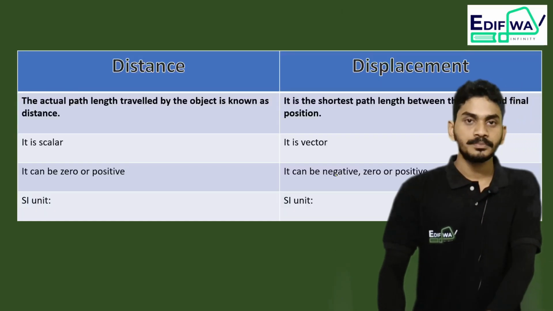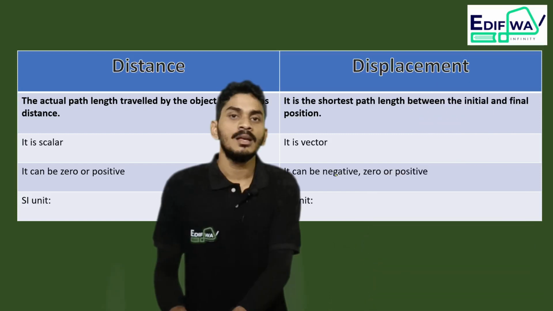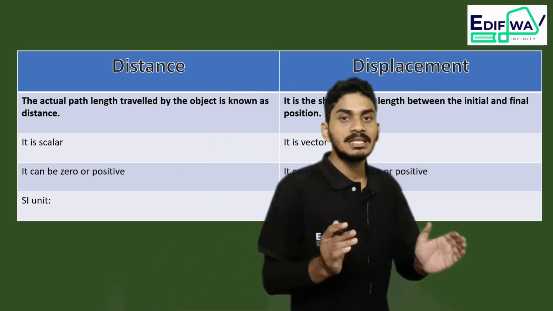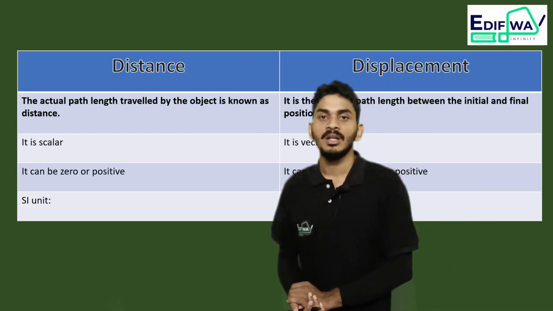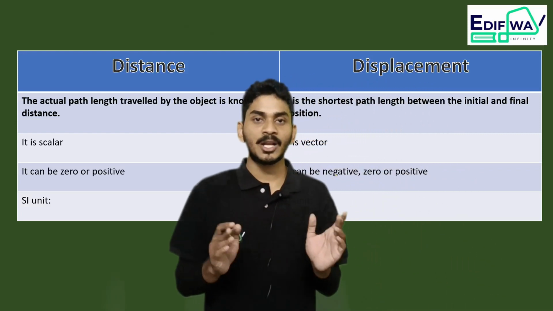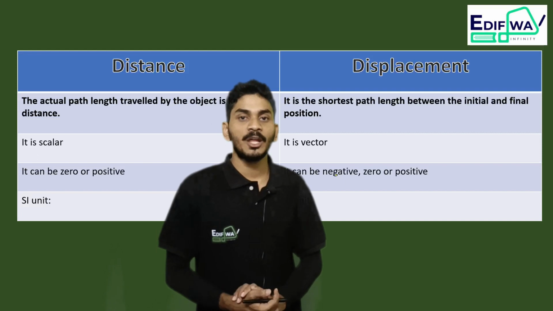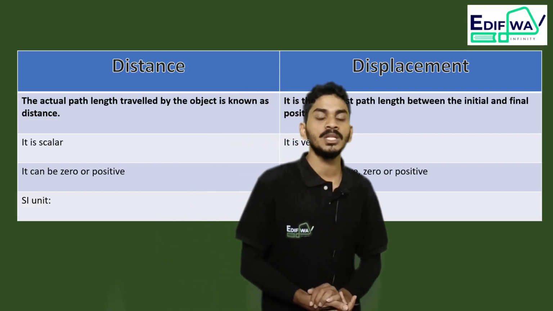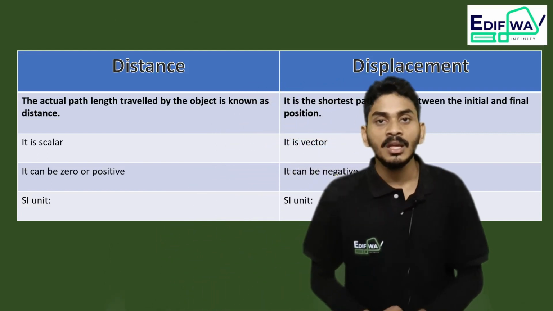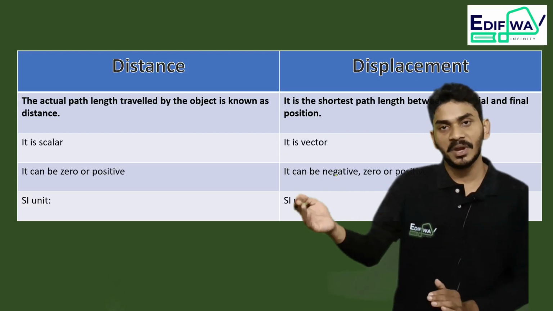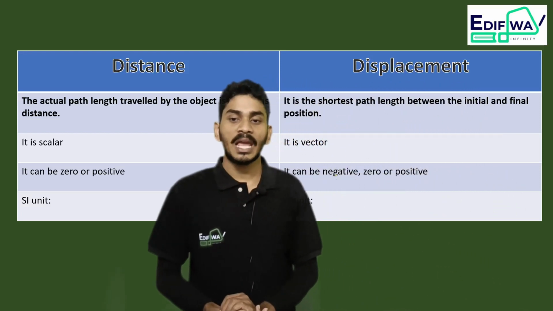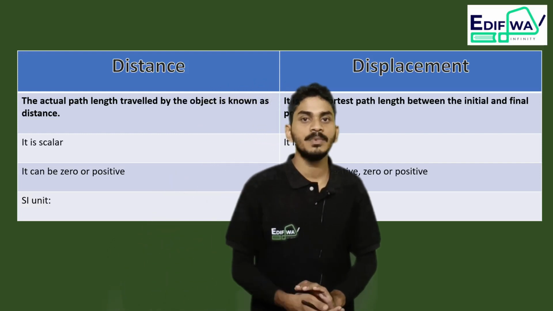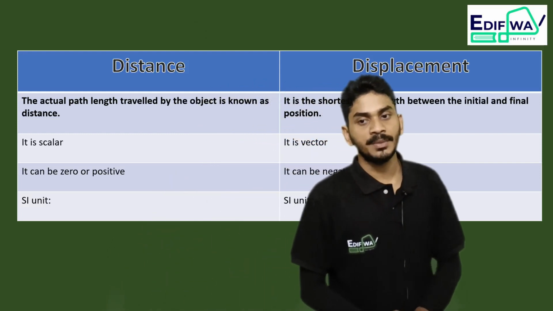Okay. Now let's discuss some differences between distance and displacement. The first one is their definition, that is distance is the actual path length traveled by an object, whereas displacement is the shortest path length between the initial and the final position. And you already know that distance is a scalar quantity, whereas displacement is a vector quantity.